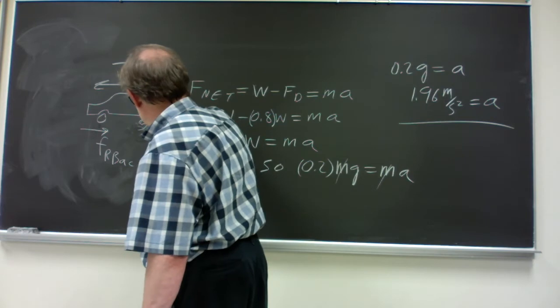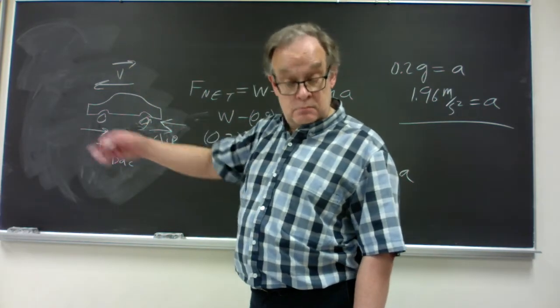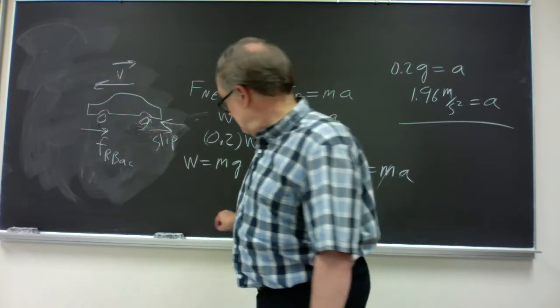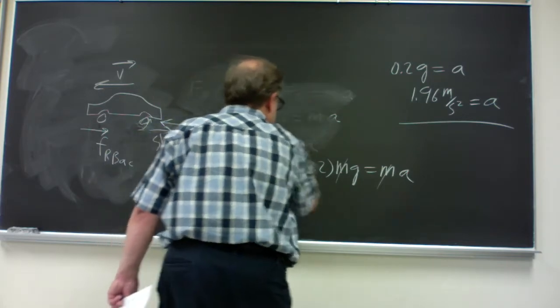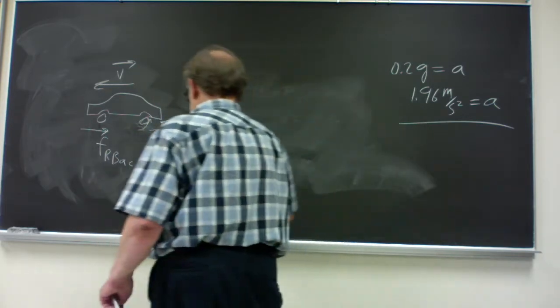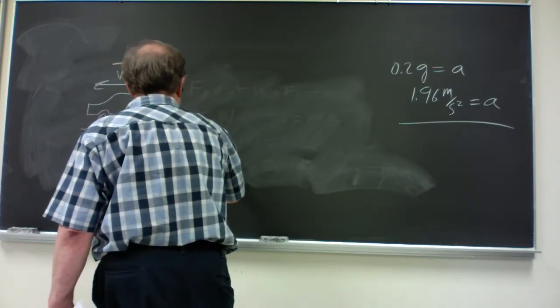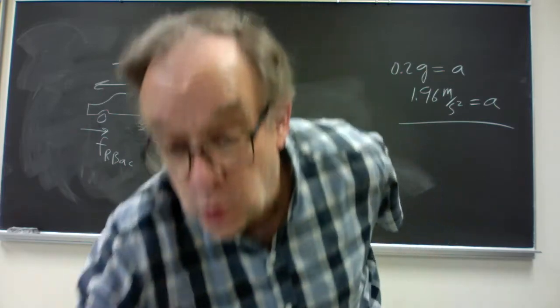So the rolling friction on the rear wheels points forward. That's actually going to be the force that speeds the car up, gets it started. And I'll call that a rolling friction force F. It's the rolling friction force that points forward.